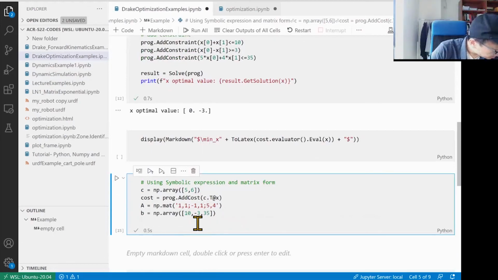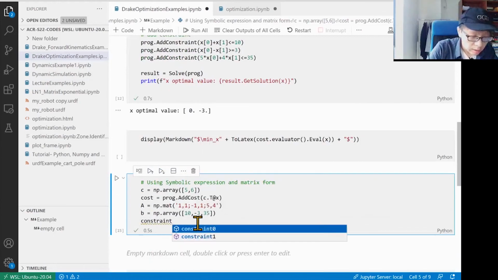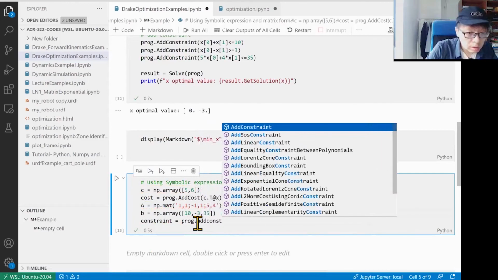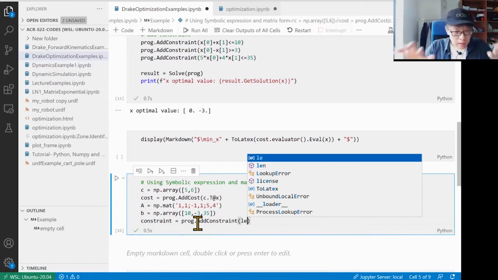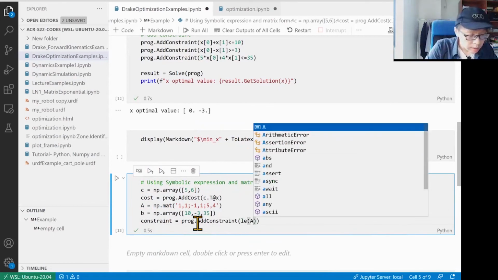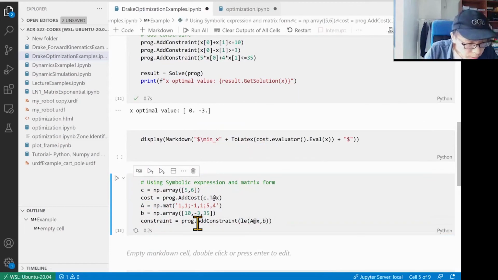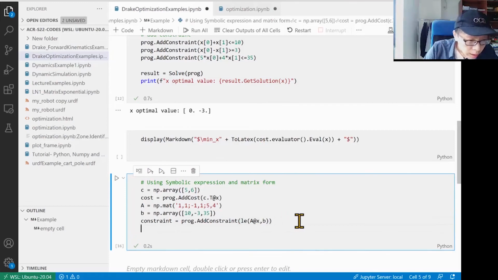Okay, and then I can say let me return constraint equal to prog dot add constraint, and LE is less than or equal, but in a symbolic way. So it's A at x, B. Not sure whether that works or not. Okay, that works. That means A times x less than or equal to B, element-wise for each row. So overall, I have cost and I have constraints.